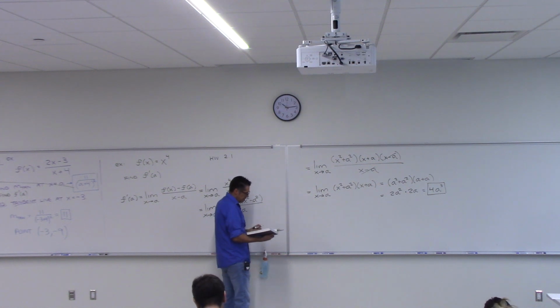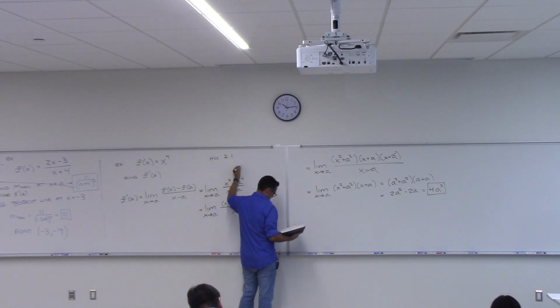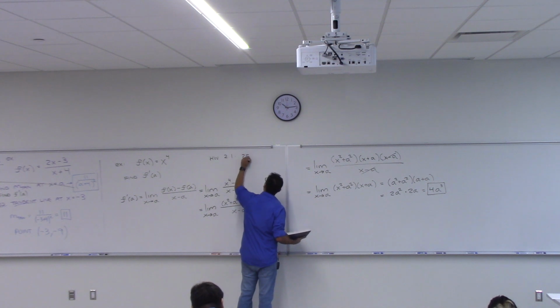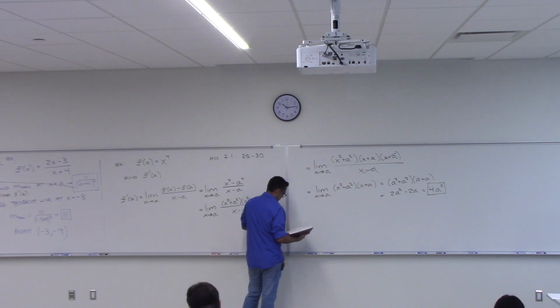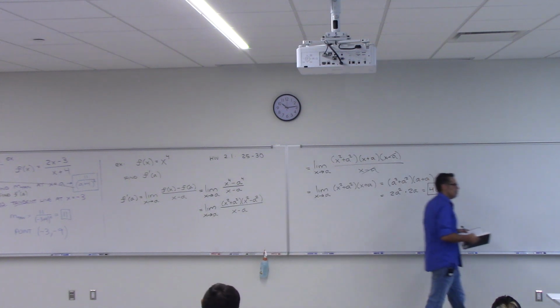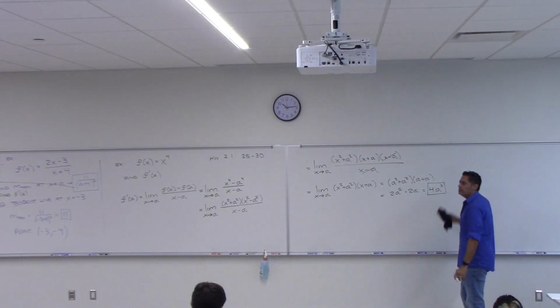Now for the rest of the weekend, just look at 25 through 30. In terms of the exam that you're going to have next week on Thursday, the problems that I will ask you on the exam would come out of 2.1, from that set or what I gave you last time, 3 through 6. Okay? All right.